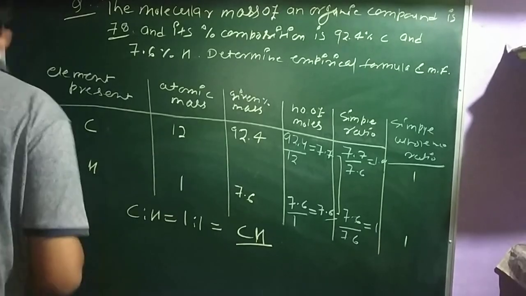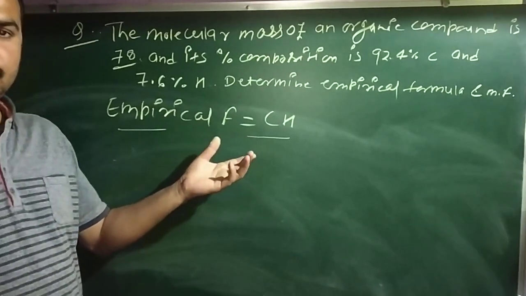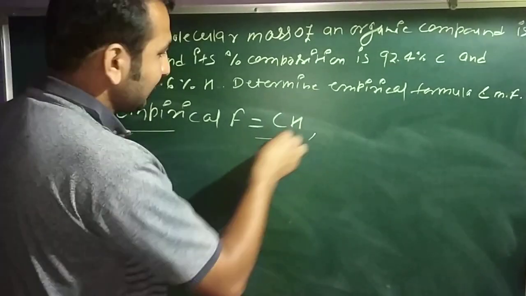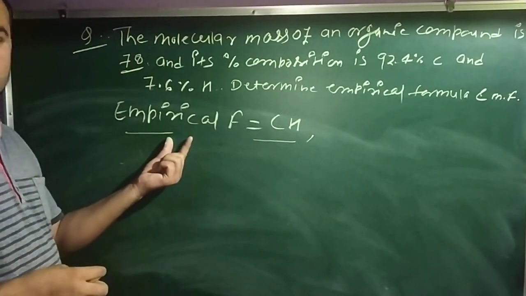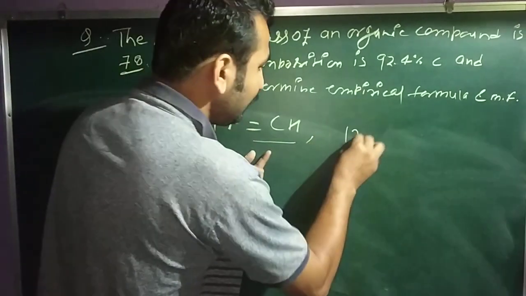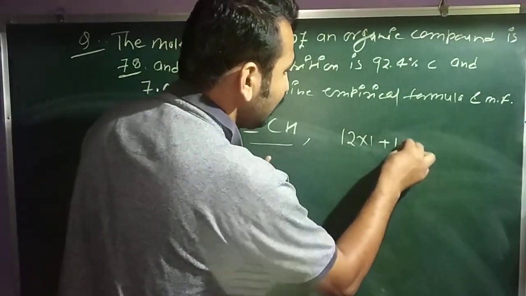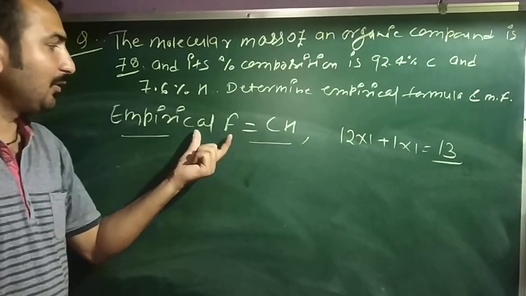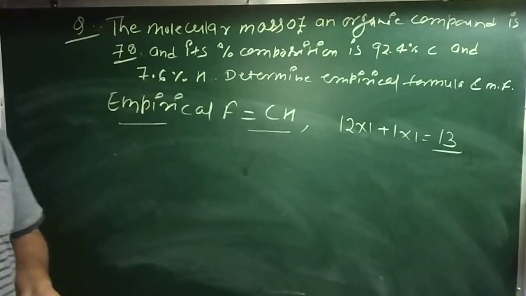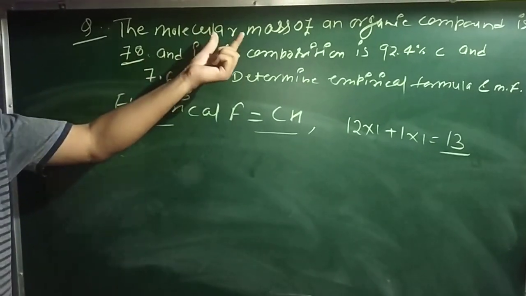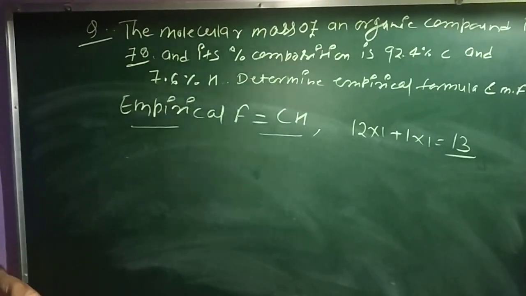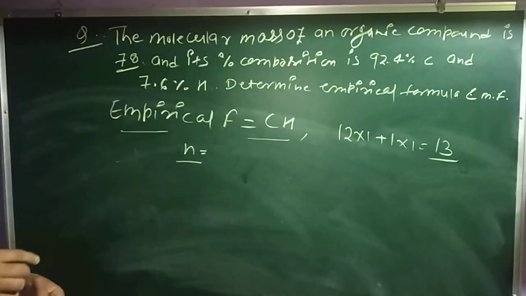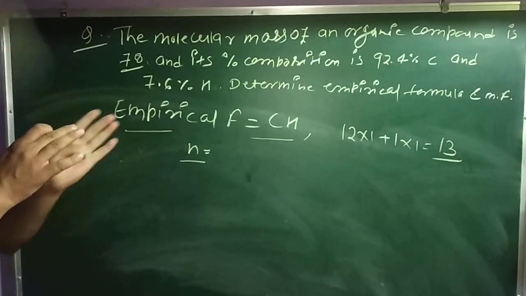So we calculated the empirical formula CH, and do one thing, calculate the mass of this empirical formula. So that means 12 into 1 plus 1 into 1, that means 13 is the empirical formula mass. And second, we have the molecular mass of the organic compound. So we find the small n. This small n stands for the number of moles, again the same formula, the given upon total.